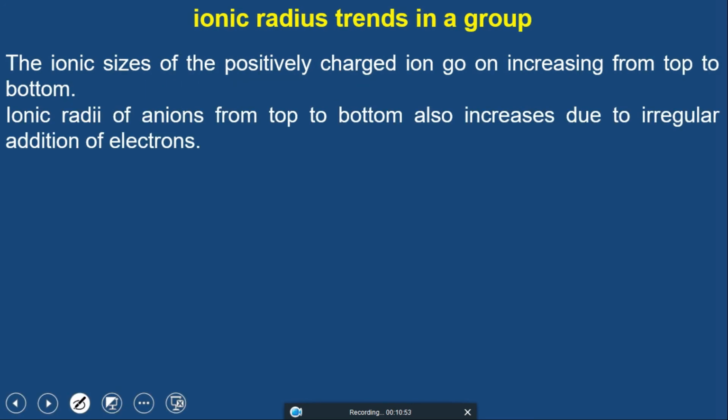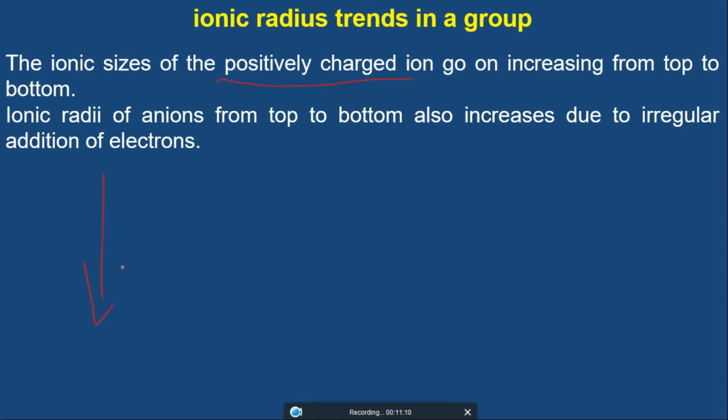Similarly, ionic radius trends in a group. Ionic sizes of positively charged cations go on increasing when we move down a group of the periodic table, because the atomic number is increasing, which means electrons are increasing.